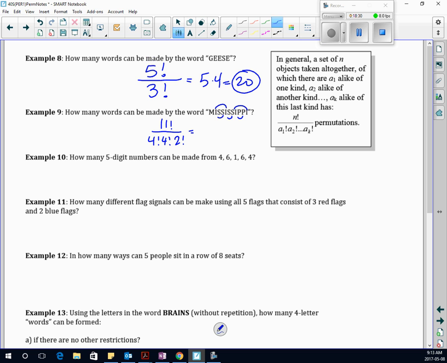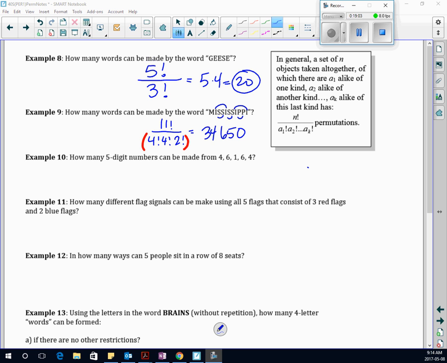So 11 factorial divided by bracket 4 factorial, 4 factorial, 2 factorial. So you get 34,650. And if you didn't get that number, it's because you're not dividing correctly with brackets. You need brackets right there.